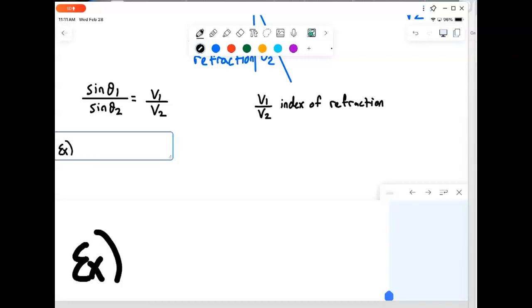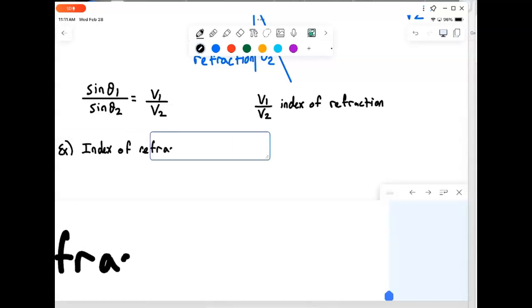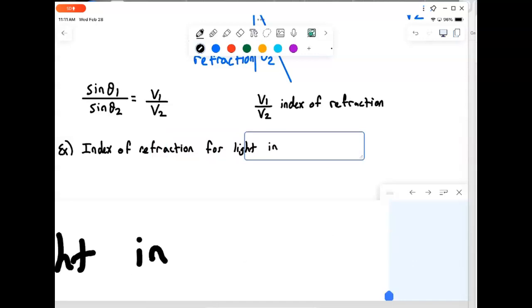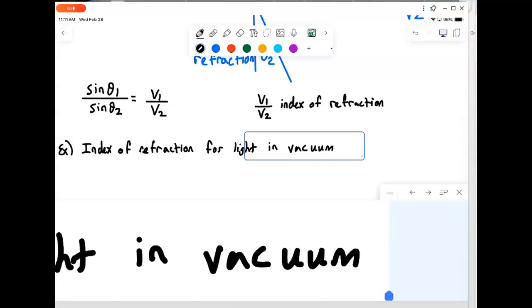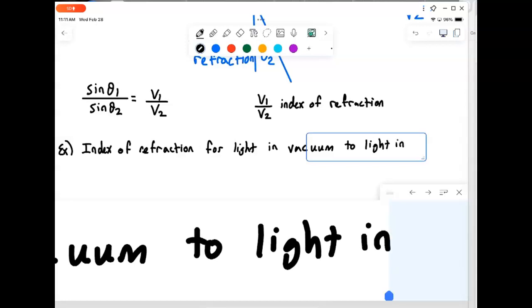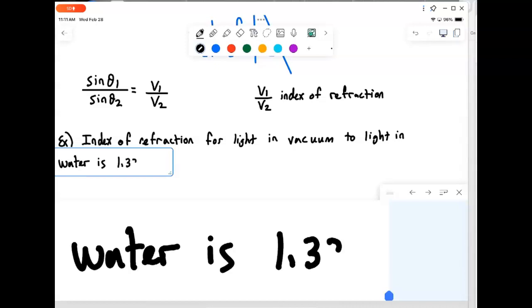So in our example here, we're told that the index of refraction for light in a vacuum, now that's a little bit different than light in our atmosphere, to light in water is 1.33.